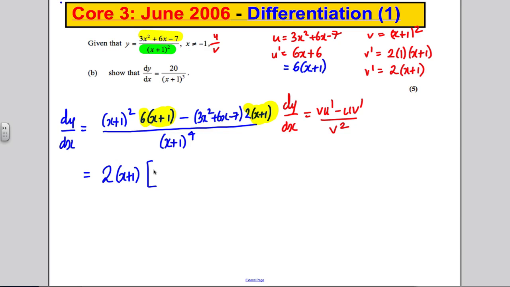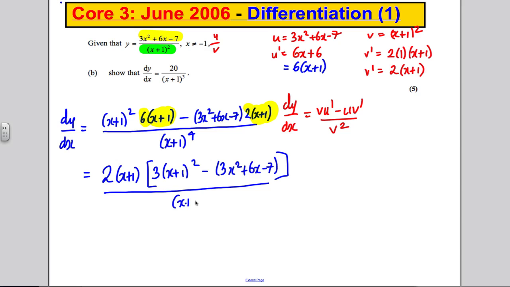That would leave me with a 3 and this x plus 1 squared. And it would also leave me with this subtract 3x squared plus 6x subtract 7 all over x plus 1 to the power of 4. Now the reason this helps so greatly is that x plus 1 cancels with one of those x plus 1s, and you'll have the x plus 1 cubed on the bottom, which is what you're after.